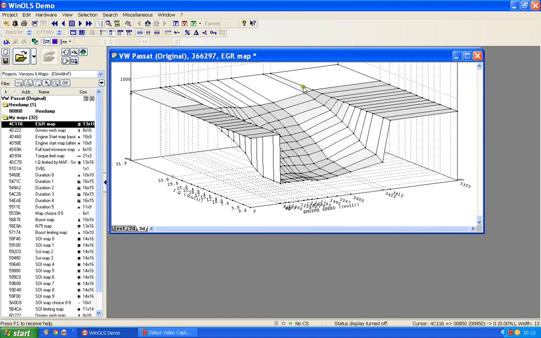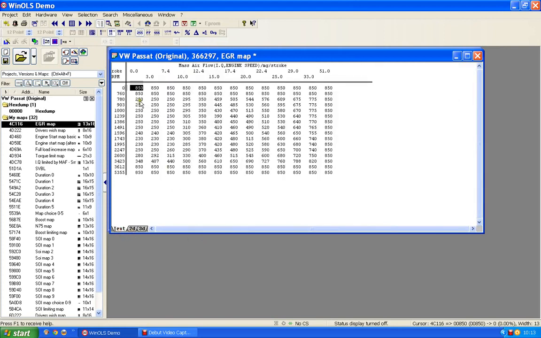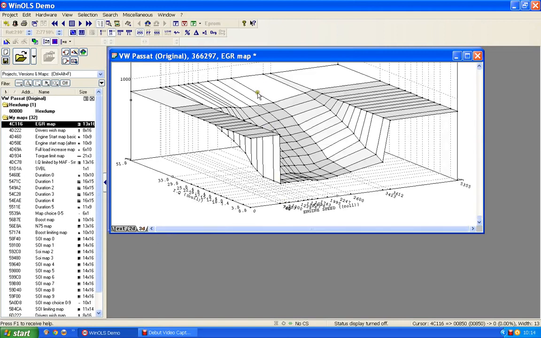The EGR map is showing you how much the EGR is open, and it is the scoop in the map which is telling you how much it's open. Now some people think that if they just change all of these values to 850, so they go back here and say, right, what I'll do is I'll make every value in this map 850, then all of the airflow will be via the MAF and none will be via the EGR, so the EGR will effectively be shut.